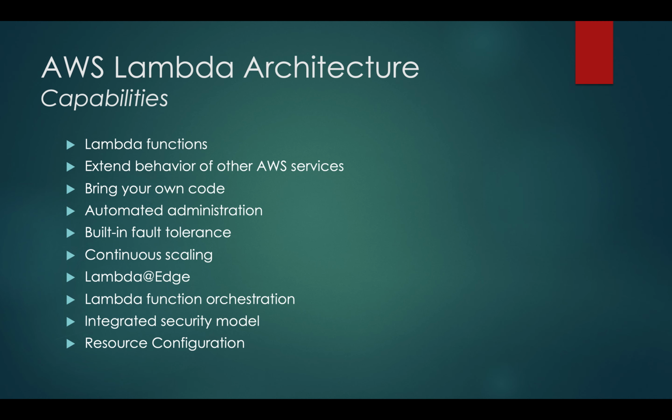Next, Lambda has an integrated security model. So as we saw last week in the lectures, Amazon Web Services has a great foundation of security that you can build off of, and Lambda is no different.